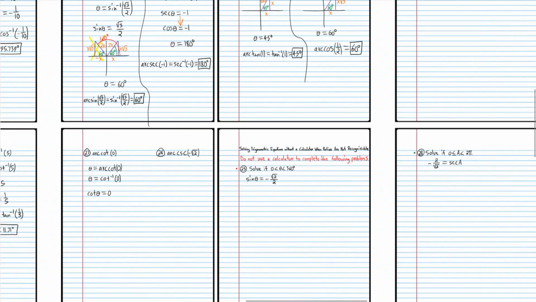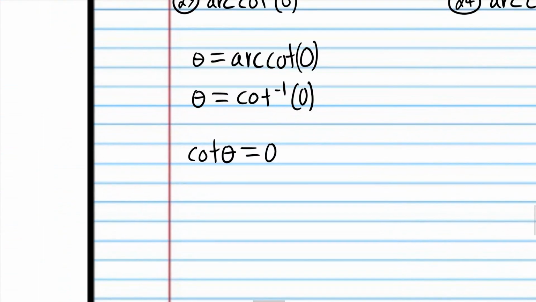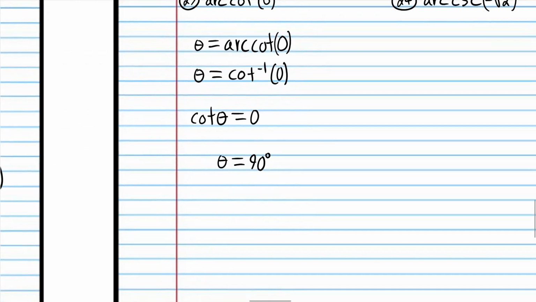Again, this stuff is very confusing. So theta is equal to 90 degrees, which means that arc cotangent 0, which is what we were looking for from the beginning, is equal to 90 degrees. There you go.